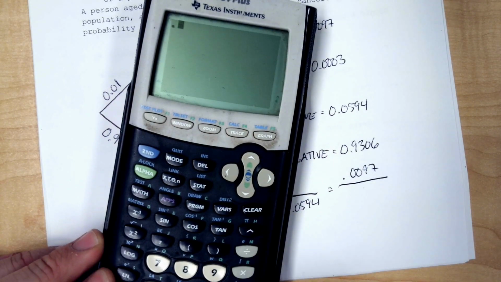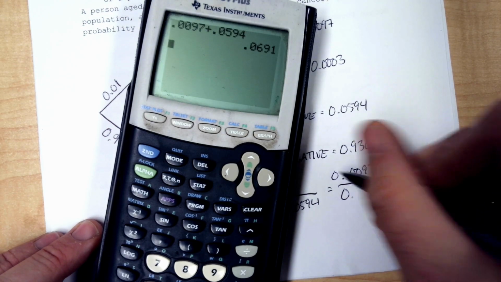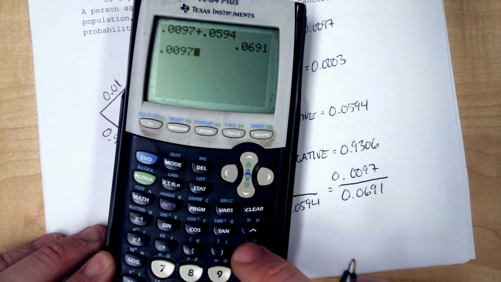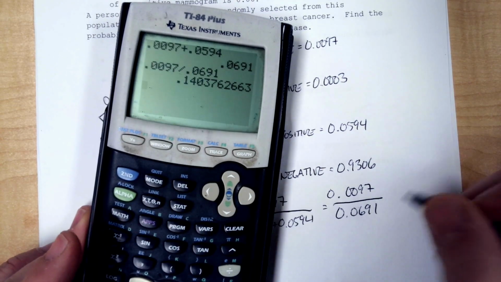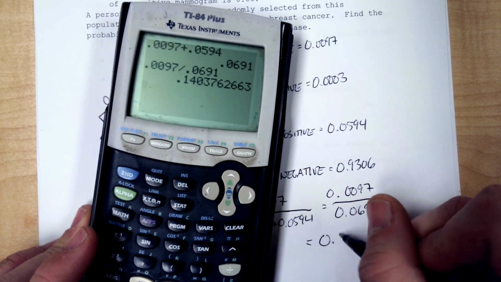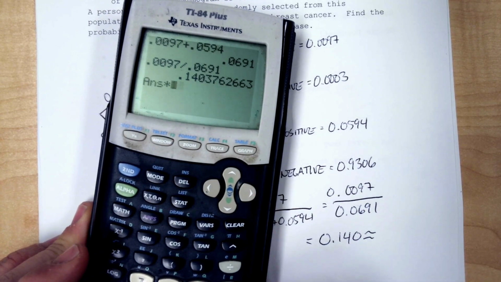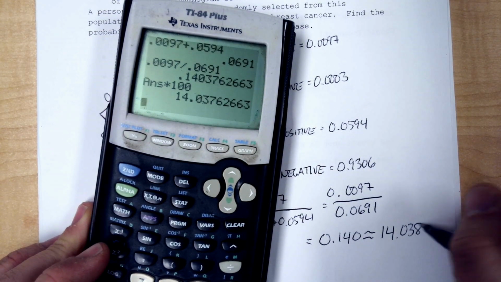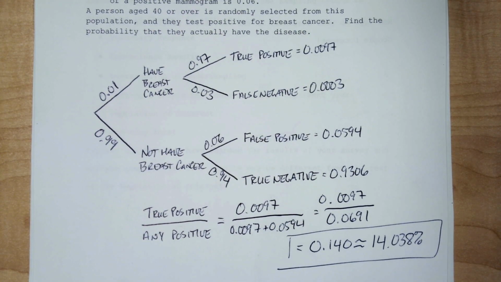So 0.0097 plus our 0.0594 is 0.0691. So if we take our 0.0097 and divide that by our 0.0691, then we get there's actually only a 0.14 chance if we round to 3 decimal places here, or 14.038%. And that's example 1.